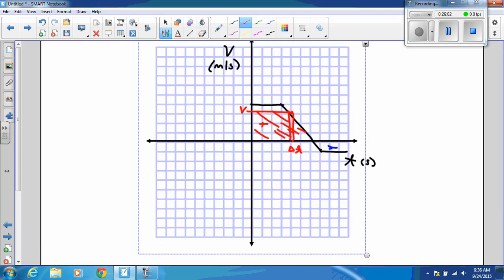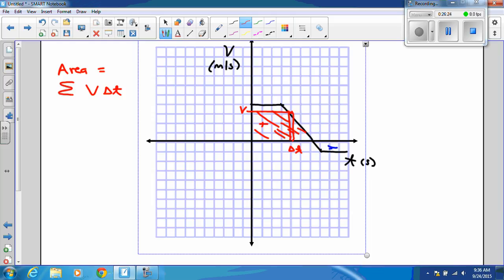So you could make the rectangles have whatever size you wanted to get the area as precise as you want. That's exactly right. And so I can say that mathematically, the area is going to be equal to velocity times delta t for each time interval, and then we add them up.